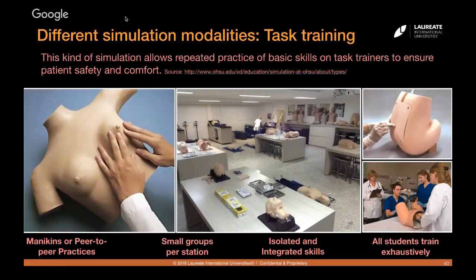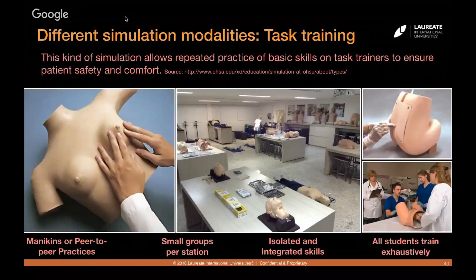This is a definition in the literature, but actually we are not going only to have basic skills in a test training session. We may have very complex skills, but we can isolate them in a station, and our students can train each skill one at a time.